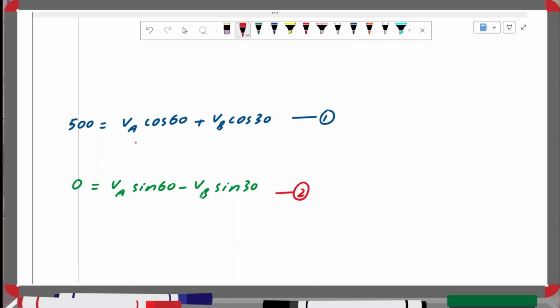So what do we do afterwards? We can insert the values of cos 60 and cos 30, sin 60 and sin 30. So 500 equals cos 60, which is 0.5, 0.5 VA, plus cos 30, which is 0.867.